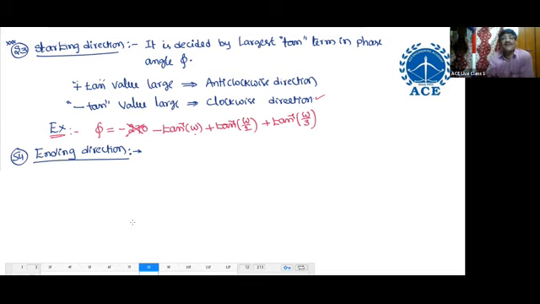Generally, positive tan you will get for the zeros, and negative tans you will get for the poles. Whatever it is, just count the number of positive and negative tan terms.